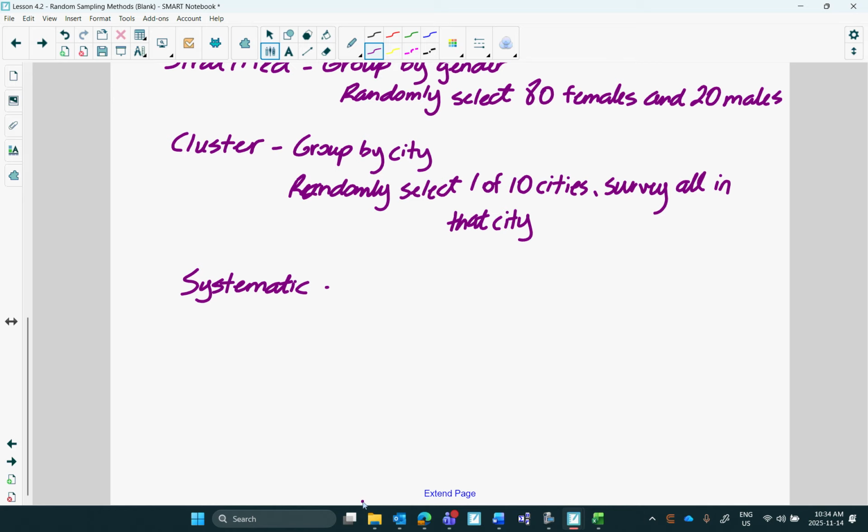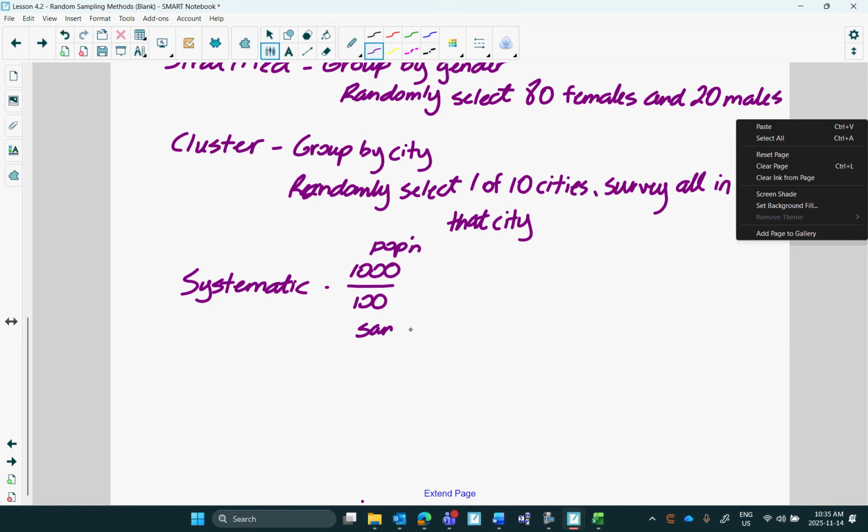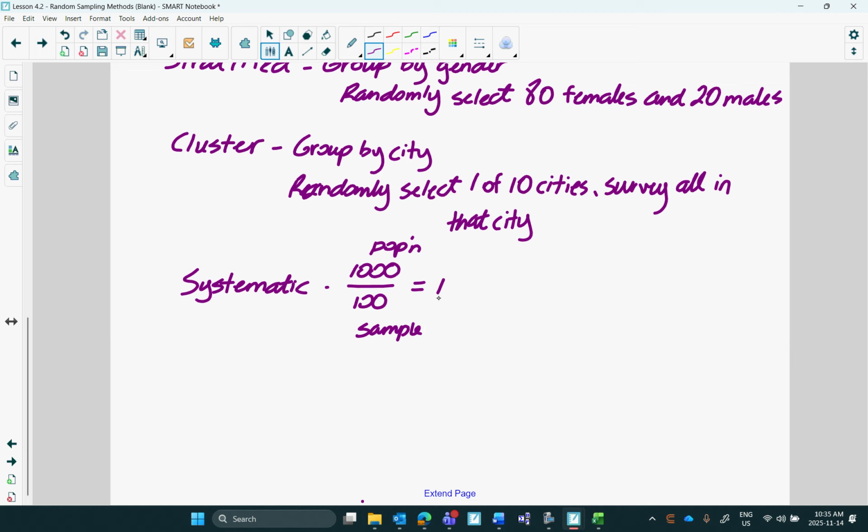So remember, you take your population size divided by your sample size, and we get 10, which means we're going to randomly choose a number from 1 to 10, and then pick that one and go every 10th one after. And that will get us up to 100.